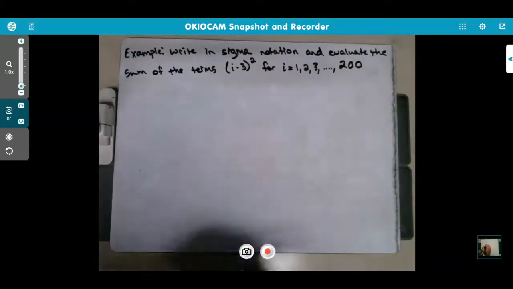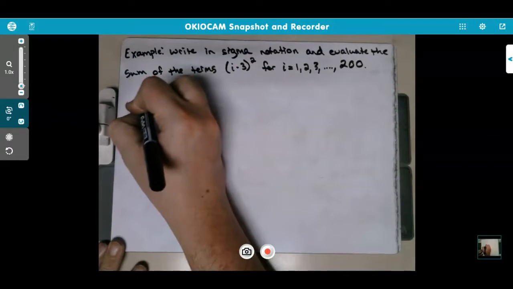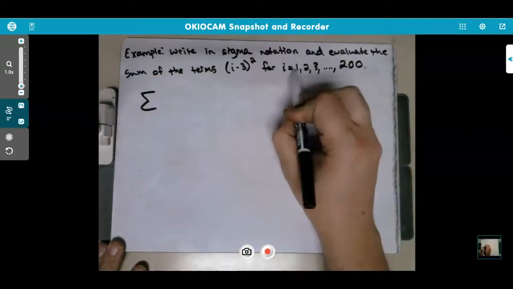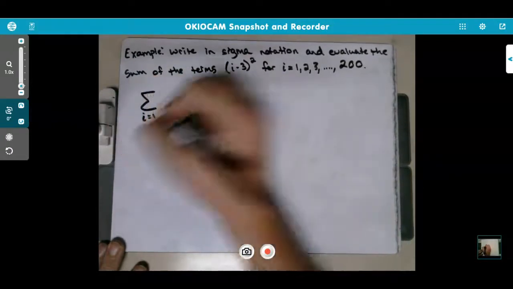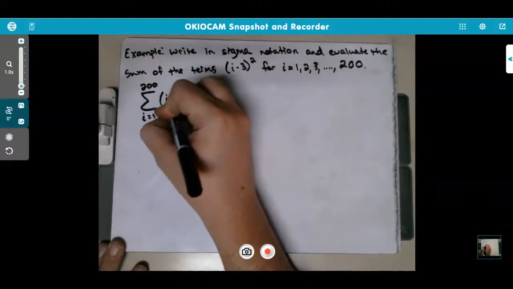So first things first, let's write this in sigma notation. I know I'm doing the sum, so sigma. I'm starting with i equals 1, and I'm going all the way to 200, and my terms are i minus 3 squared.